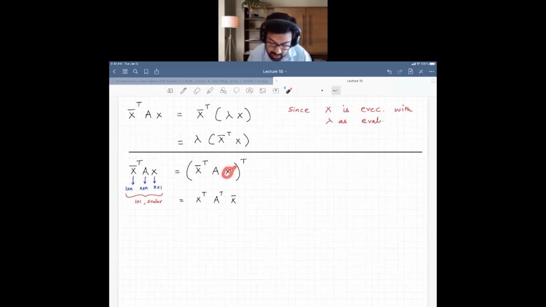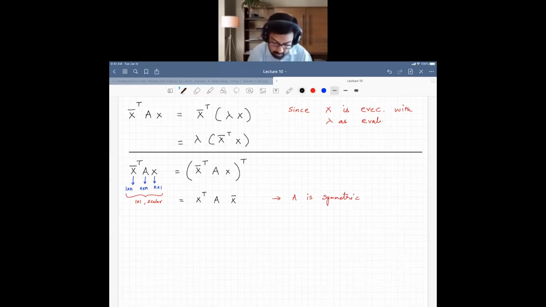So we did x transpose first, A transpose next, and x conjugate transpose again gives you back x conjugate. And because A is symmetric, you can actually just erase this off. A transpose equals A, right? So this will be this.